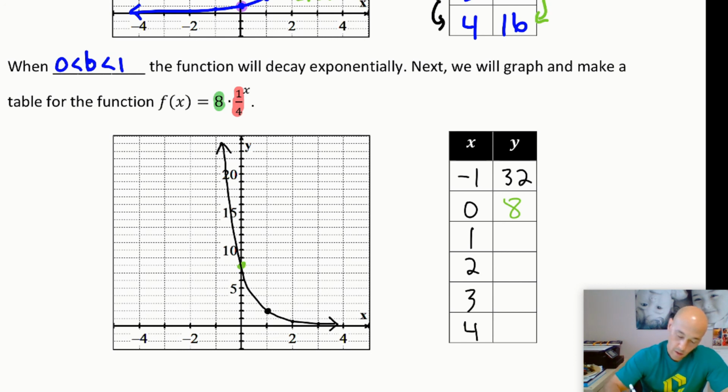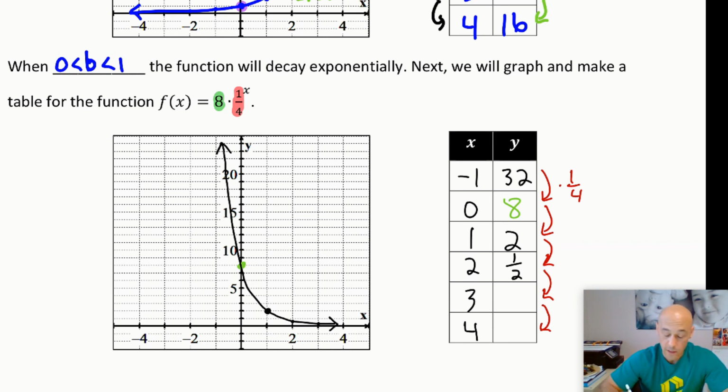So our multiplier here, we multiply by 1/4. It's really the same as dividing by 4. And so if we maintain that pattern, this is going to be 2. Really, it's easier as a fraction, 1/2. Now, dividing by 4 is 1/8. Dividing by 4 is 1/32.